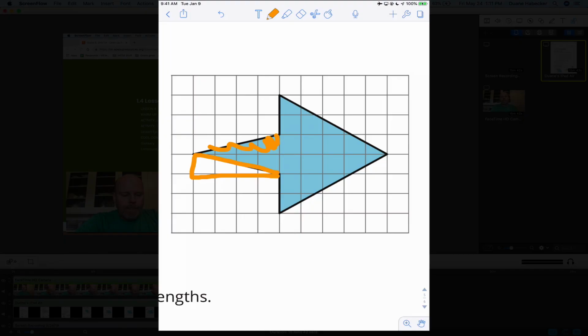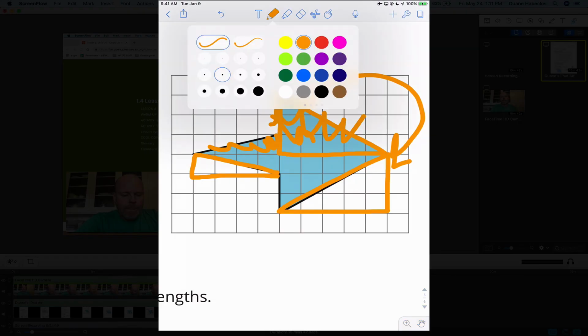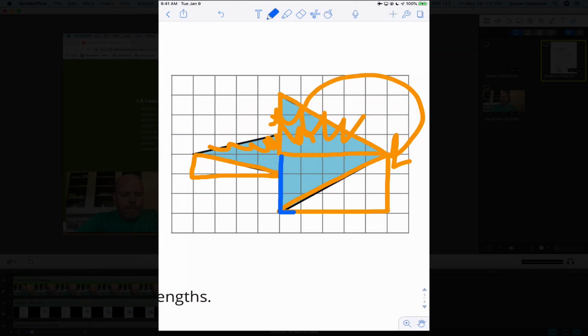It looks like if I take, let's see, well here, I could take this whole thing right here, and I can bring it around, and it creates this rectangle down here. So this shape is no longer here. So if I wanted to outline some portions in blue, I could see I've got a rectangle right here.